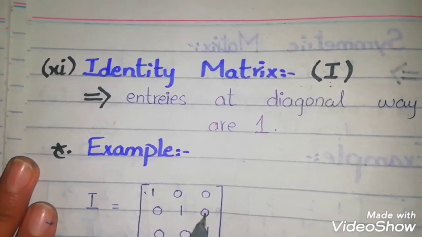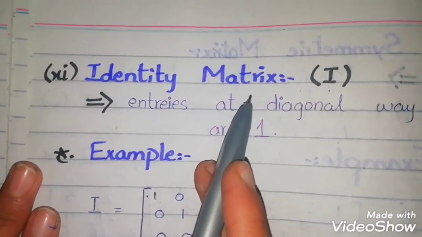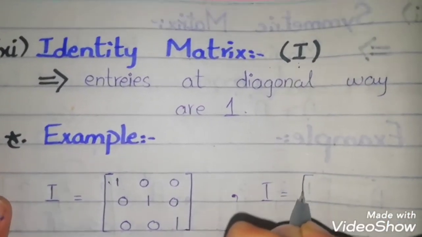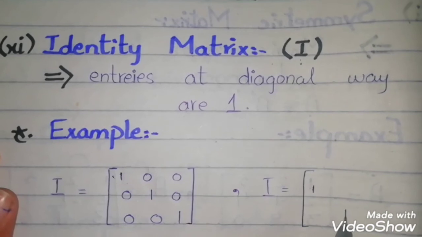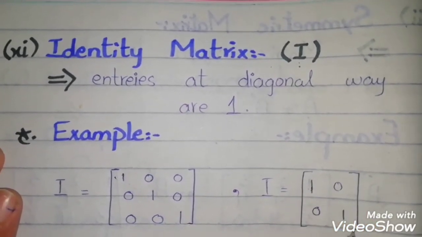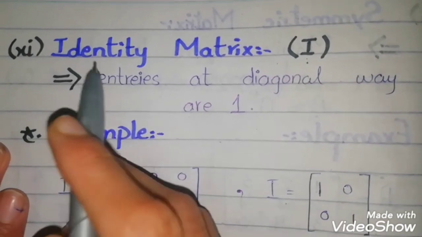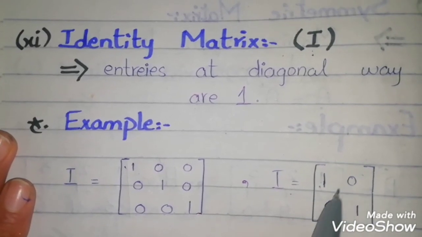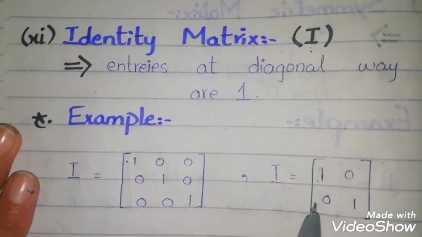So it is an example of identity matrix. Another example, [1, 0; 0, 1]. This is also an example of identity matrix because entries at the diagonal way are 1 and non-diagonal entries are 0.